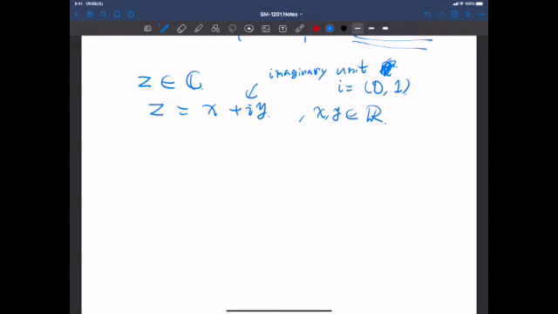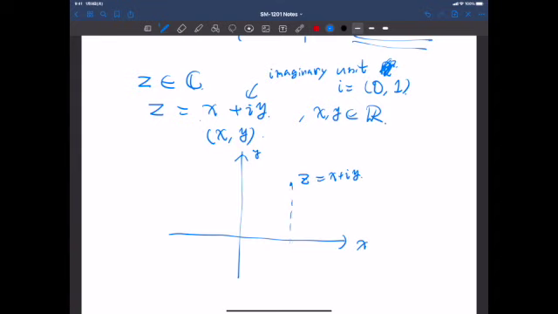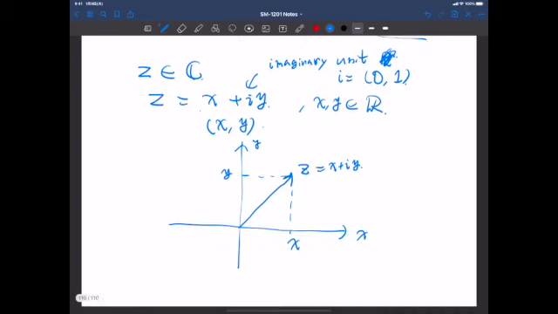So in the original notation, this element is expressed as (x, y). So we can plot this point in the two-dimensional real plane. If we have z here, the x coordinate is x and the y coordinate is y. So we can represent every complex number as a point in this plane.